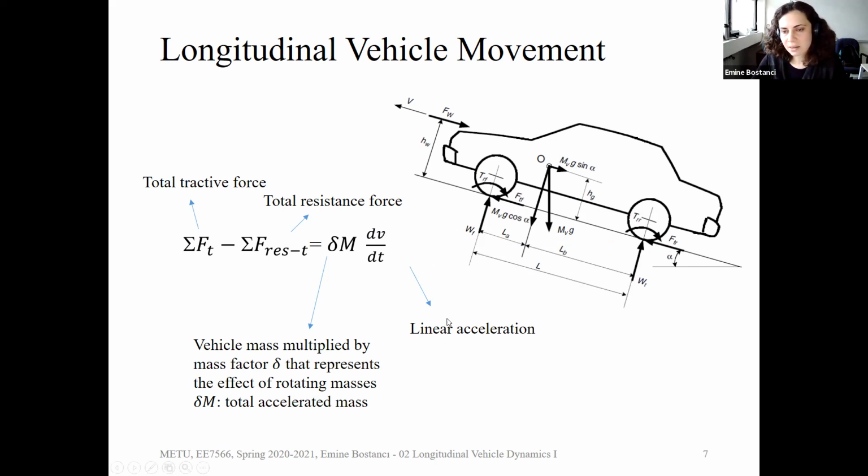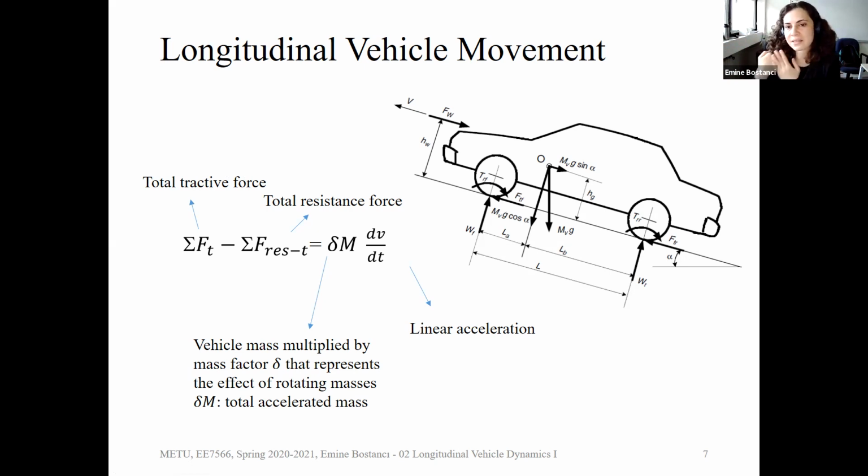And in this figure, you see that here it is FTR and FTF. So it means F traction front, F traction rear. It is shown that this is an all-wheel drive. So you can have the traction at both sides or at just one side, depending on the vehicle configuration you have chosen. But this is the total tractive force in the longitudinal direction.